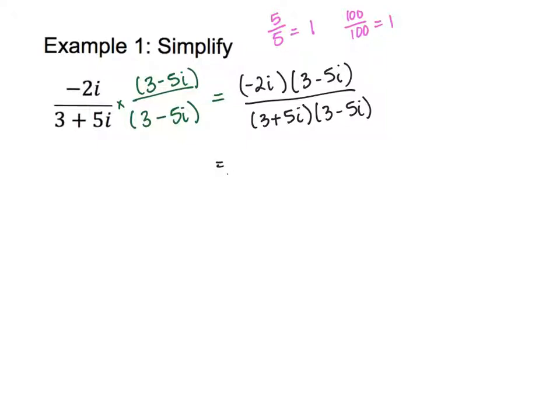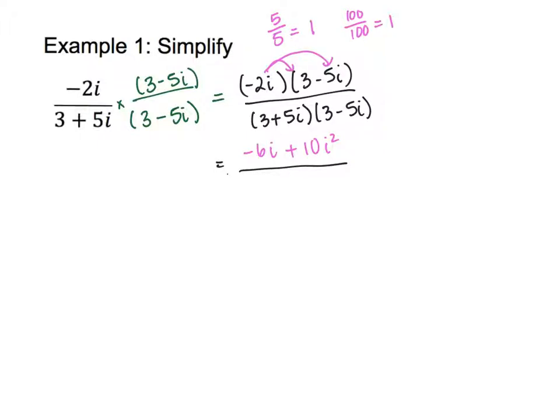I need to multiply this out, and I'm going to do the top first. When I multiply this negative 2i into each term, let's see what we get. Negative 2i times 3 is going to give me negative 6i. Negative 2i times negative 5i is going to be positive 10i squared. And that's going to be all over, let's see what the bottom's going to be.